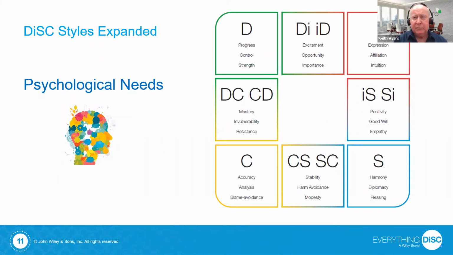I have a need to be invulnerable, but they also have a need to resist. And so if you're the facilitator of a group where you've got someone who's resisting what you're doing, it's not personal. They have a need to resist everything so that they can pull it apart and then eventually understand it and master it. Okay, so great document.